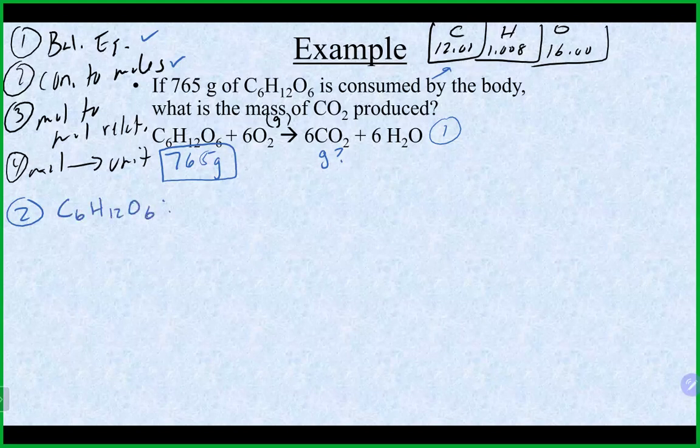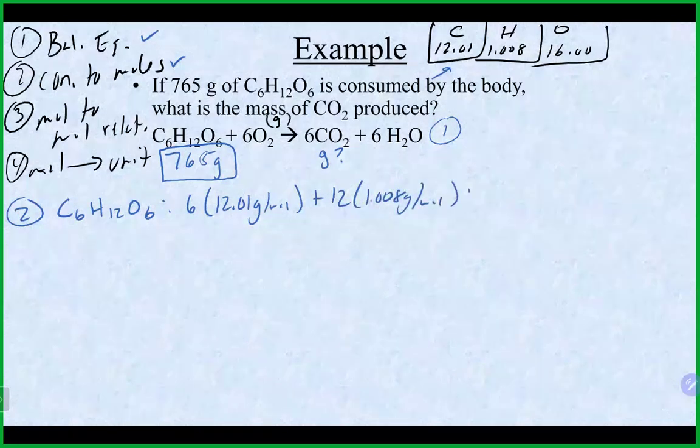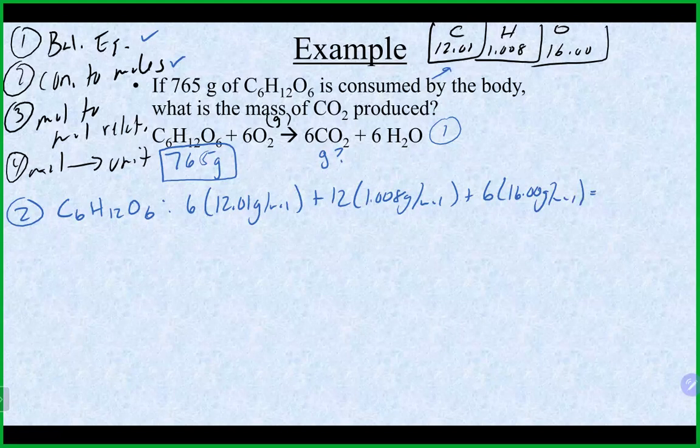So just adding up all the parts. We got 6 times 12.01 for our carbon, 12 times 1.008 for our hydrogens, and 6 times 16 for our oxygens. And that's going to give us about 180 something, I think.